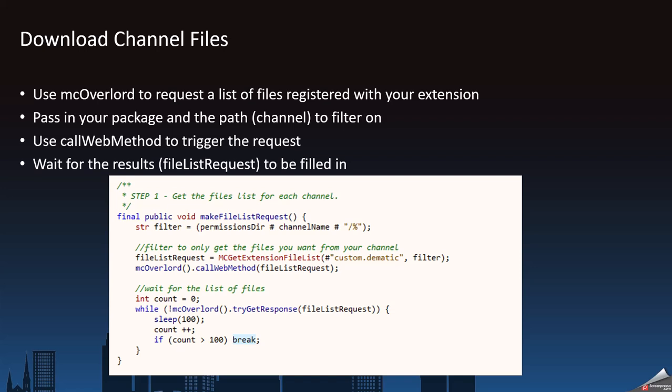It'll just sleep a little while and keep going until it has a result, and eventually I let it time out because otherwise we'd be stuck there forever. And ideally, you could do this on a task instead, and that way it's kind of in the background and you don't have to tie up your UI waiting for this result. But we're not talking about tasks in this presentation, so look those up if you don't know how to use them.